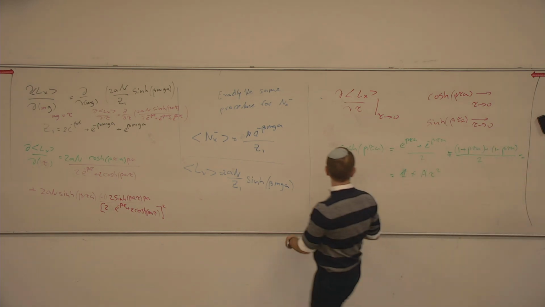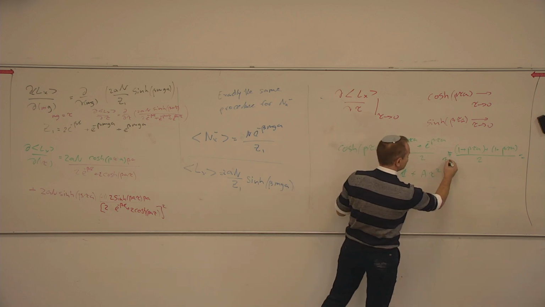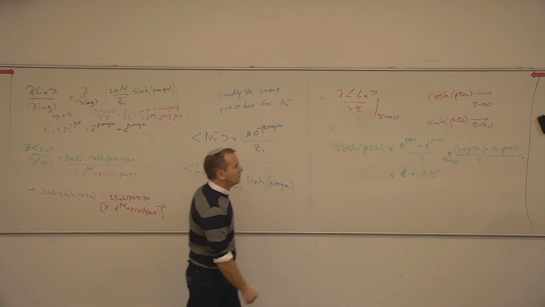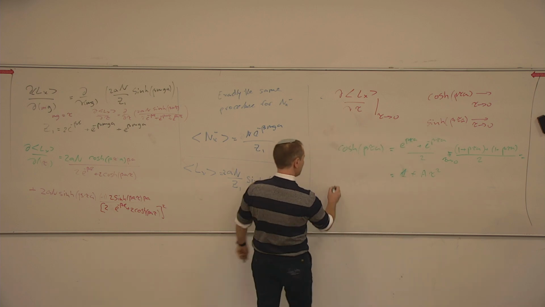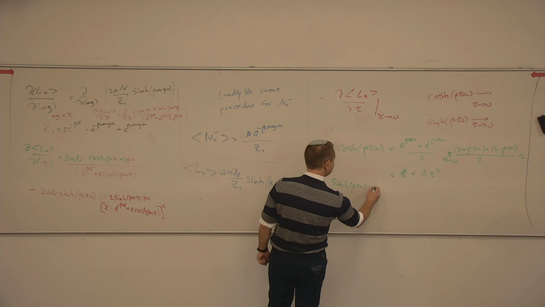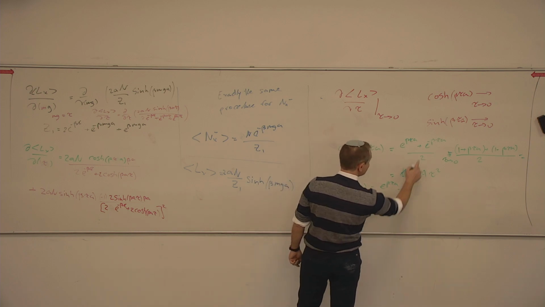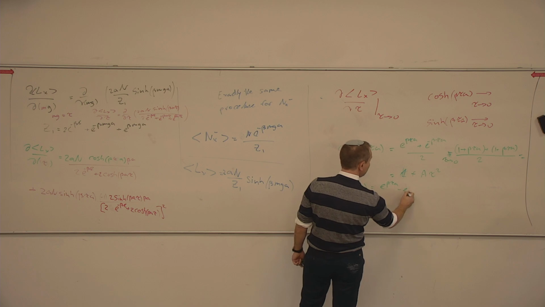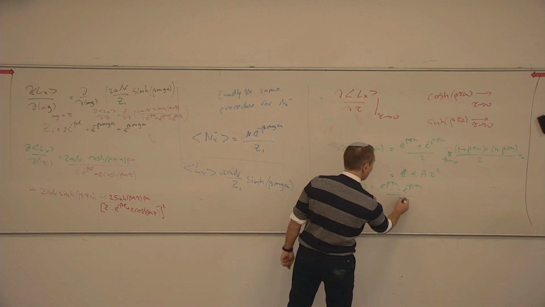Okay, let's look at what happens in the limit where tau goes to 0. What happens to the hyperbolic sine? The hyperbolic sine of beta tau a is the same, e to the power beta tau a, just instead of plus we have a minus, e to the power minus beta tau a, divided by 2.